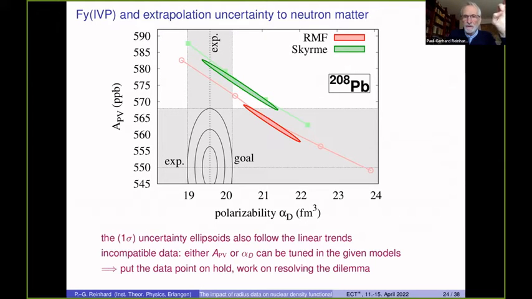We plug in the parameters, get proton density, neutron density, and then we add information with some uncertainty about the weak charge of the proton, of the neutron, and all these corrections. So it's really a forward calculation from the model to the APV.